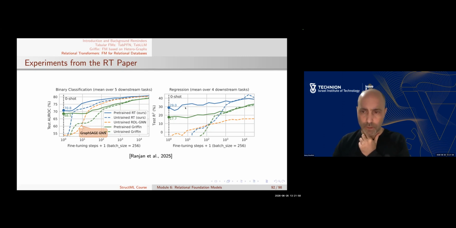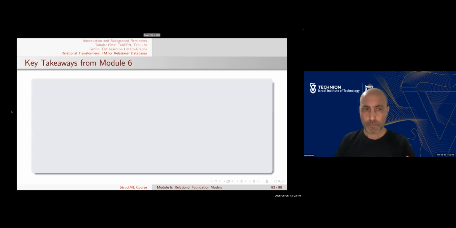This is a similar experiment now with a regression. So they don't use area under the curve, but R2. And again, you see a similar behavior. So that was it about relational transformers.